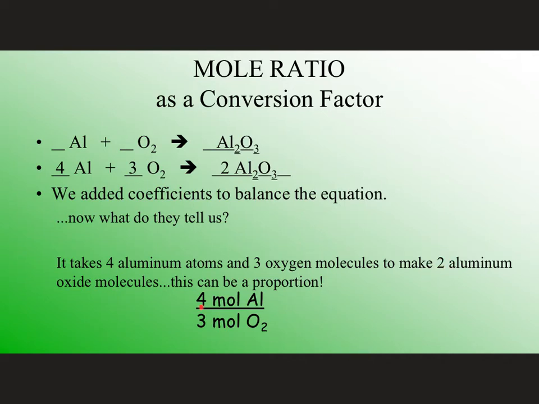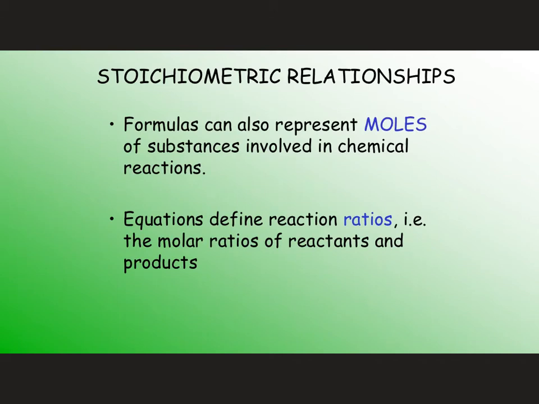And any of that I can set up over each other, and that would be a conversion factor that we're going to use now in stoichiometry. So now whenever we balance an equation, we have determined the amounts that the particles react with each other. And that can be used as a ratio in order to get a conversion factor.